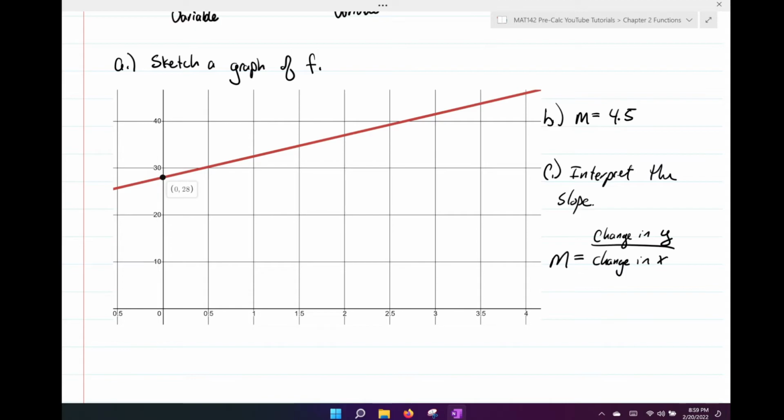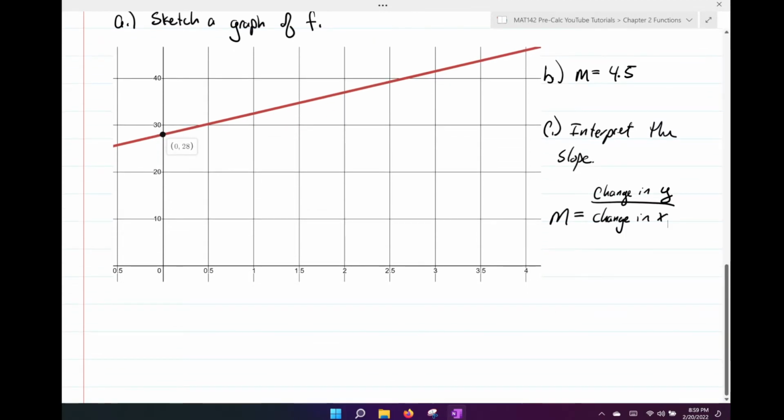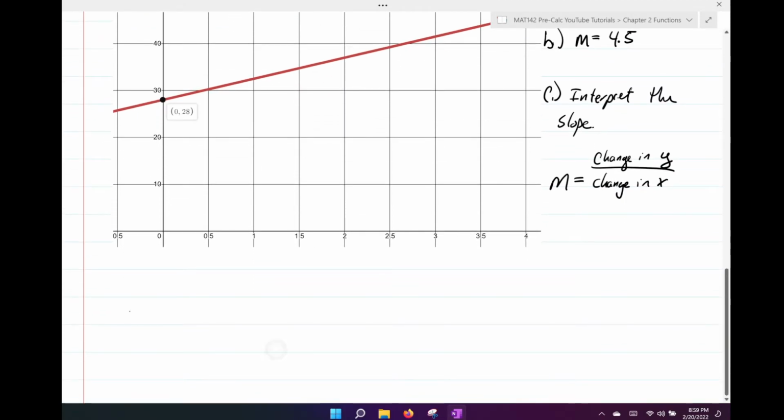Now, our slope happened to be, and I'm going to write it on the very bottom here, our slope is 4.5 over 1, which means this is going to be our change in. Now, we know technically it's y, but in this situation, we're not using the variable y, we're using f of t, okay? And then this down here will be our change in t.